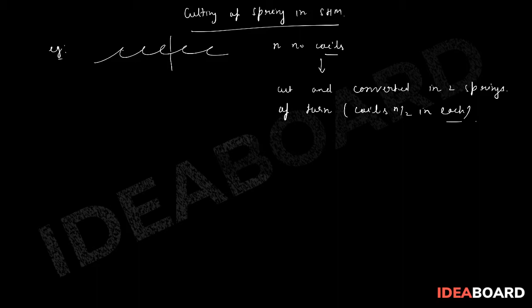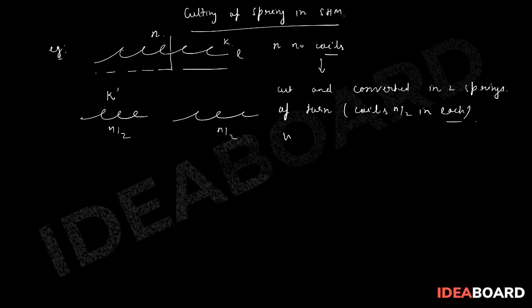So suppose that here we have two elements, so this one is having n by 2 turns, or here this one was having n. So obviously this length, let's say length is L and a spring constant is given to be K. Suppose the new one is having a spring constant K dash, then find out the value of K dash.